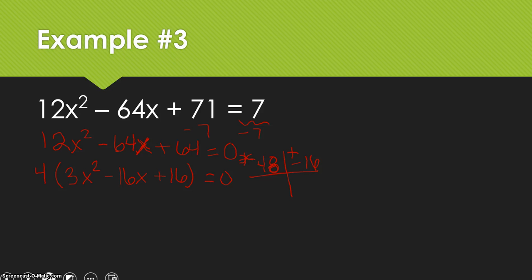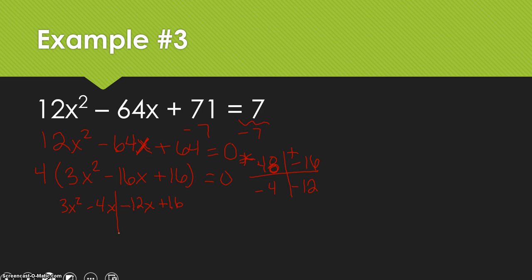So 48 and 1 will never get me 16. 2 and 24 will never get me 16. 3 doesn't divide 48. 4 and 12 can get me negative 16, but they both need to be negative. So now I can split this, 3x squared minus 4x minus 12x plus 16.